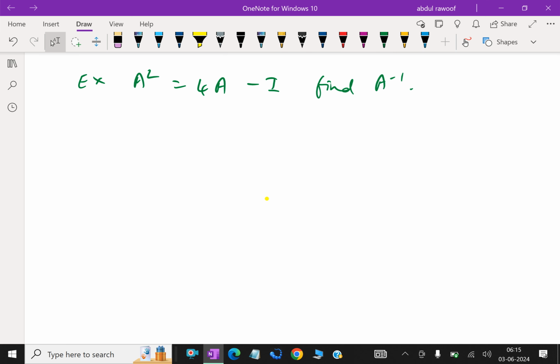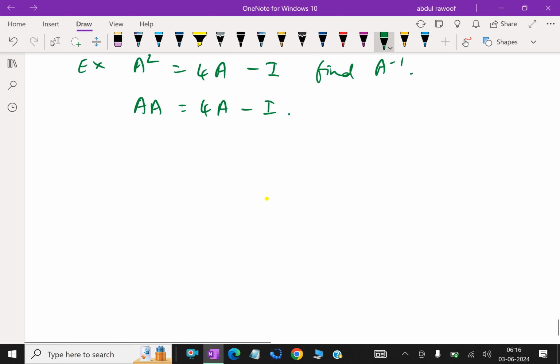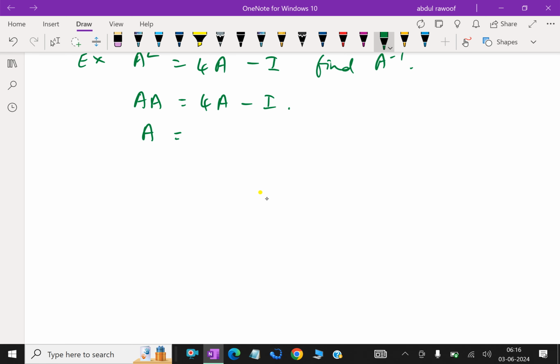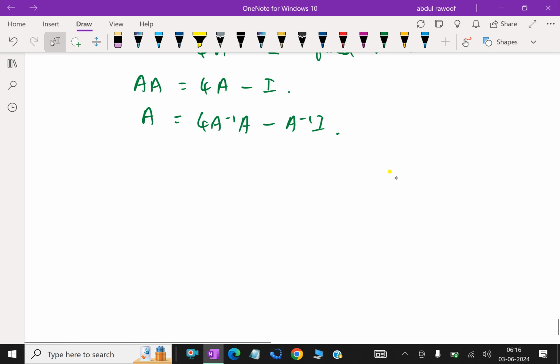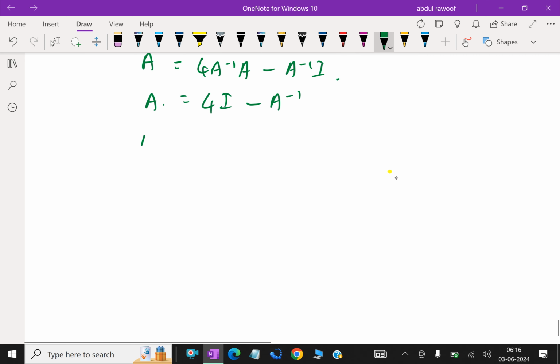Now A squared can be written as A into A equals 4A minus I. Then multiply by A inverse on that side: A inverse A A equals 4 A inverse A minus A inverse I, which equals 4 A inverse A is I minus A inverse. We need A inverse, therefore A inverse equals A minus 4I.